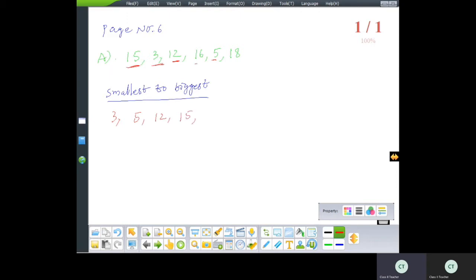Next, 16. And the final number is 18. This is called smallest to biggest. The numbers from smallest to biggest are 3, 5, 12, 15, 16 and 18.